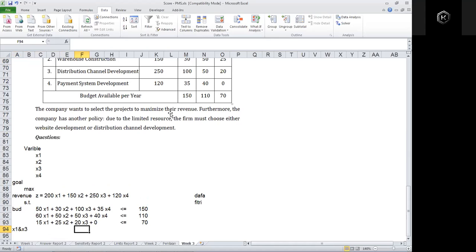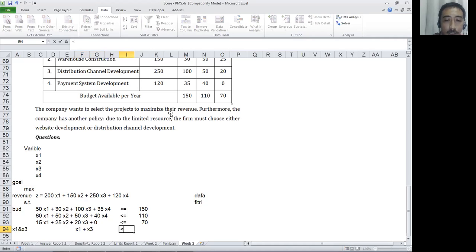I think it is X1 plus X3 less than or equal to 1. Good. So you cannot build both of them. X1 plus X3 less than or equal to 1 prevents you from building both, because you cannot do that.